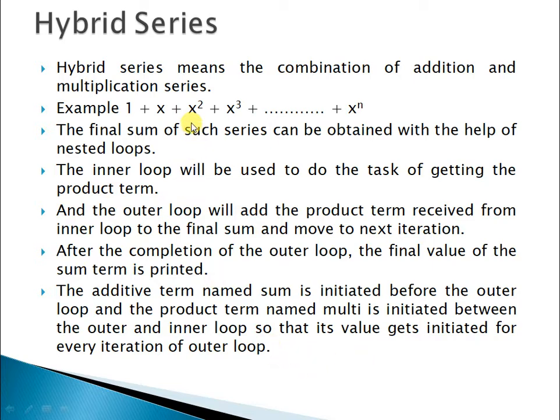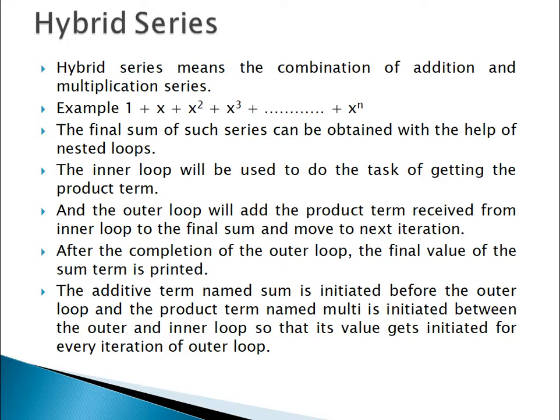Means when you calculate x to the power 2 and you move to x to the power 3, again that value of multi should be initialized to 1 again. For this is a complete multiplication series, so you require the value of multi as 1. After it, when you calculate x to the power 3, again you want the value of that multi variable to be 1. So that statement multi equals 1 should be written between the two loops, that means between the outer loop and the inner loop.